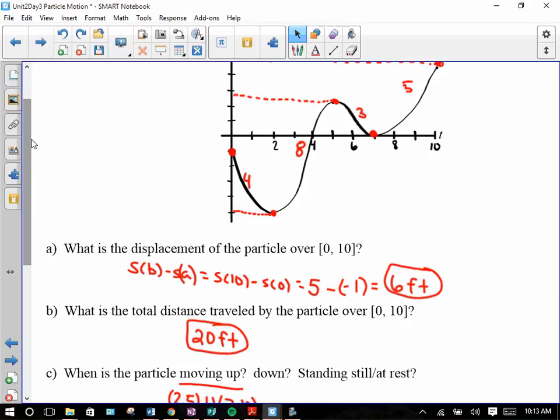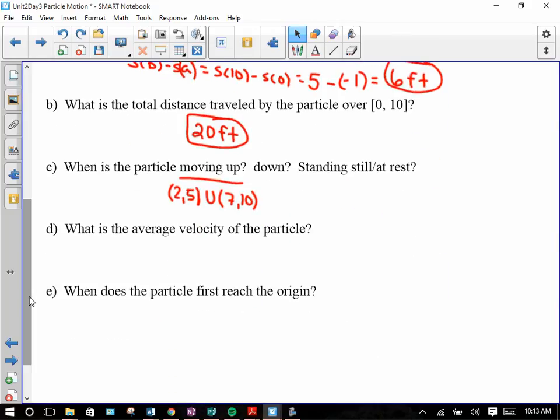So this function is decreasing from 0 to 2. That means it has a negative slope, and the velocity is negative. So moving down. So from 0 to 2, it's moving down. Anywhere else that's moving down? 5 to 7. Alright. So down is 0 to 2 and 5 to 7.